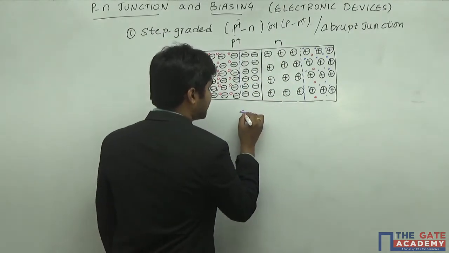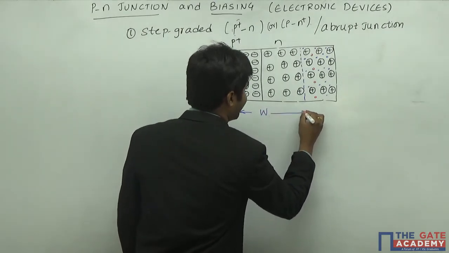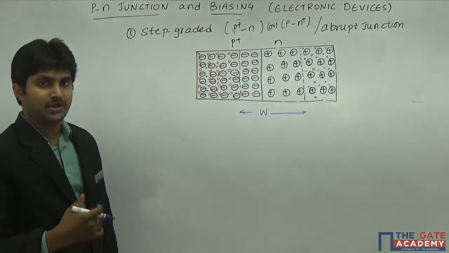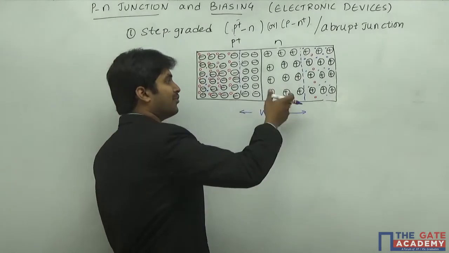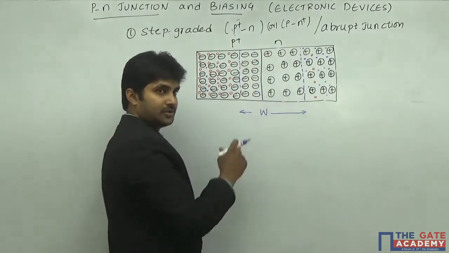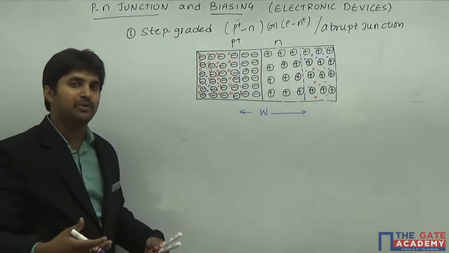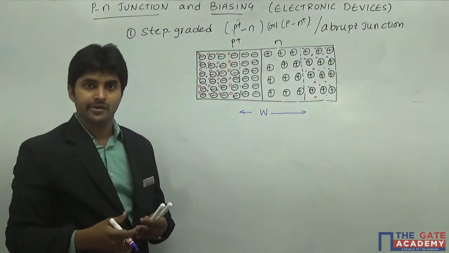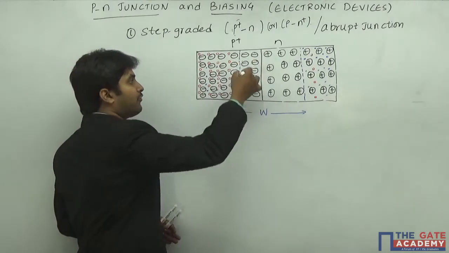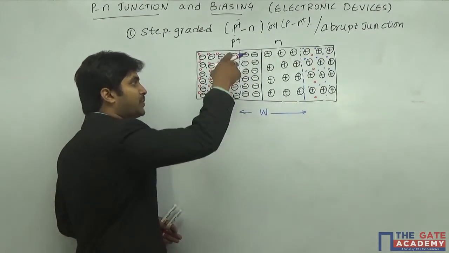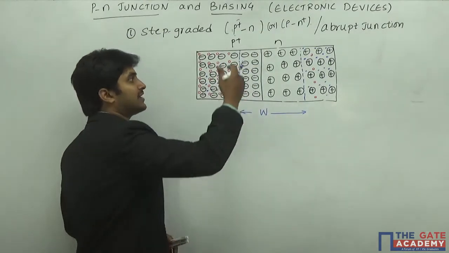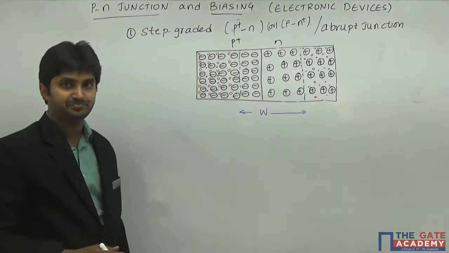If I draw the depletion region width, W, the depletion region width is going to extend more into the lightly doped region, because when the recombination happens, it happens between a single electron and a single hole. There are a huge number of holes present in a smaller region of P when compared to the N region, because we are talking about a P plus N junction.